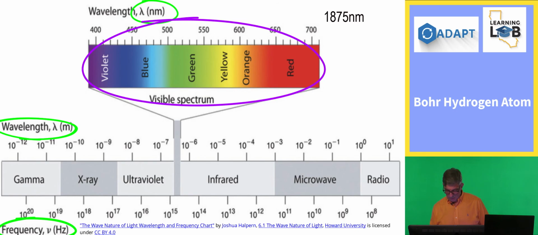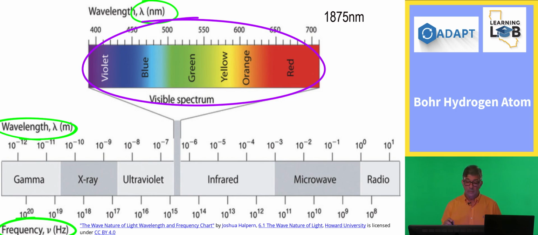So it does not fall within the visible region, meaning we will not see that transition as a color. Our eyes will not detect it as a color of light. It will not appear in the line emission spectrum associated to hydrogen. Is it occurring? Yes, but will we see it? No.